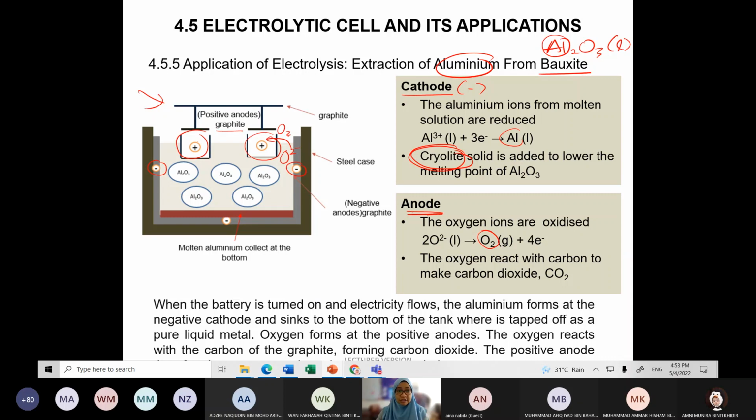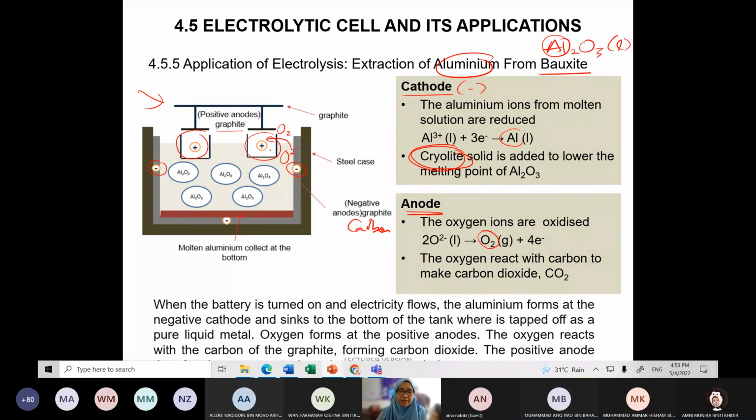Okay, one thing about oxygen ni, it has tendency to react with graphite. Graphite kan carbon. Okay, so this oxygen will have tendency to react with carbon and produce carbon dioxide. Dia boleh pula react dengan carbon dioxide.